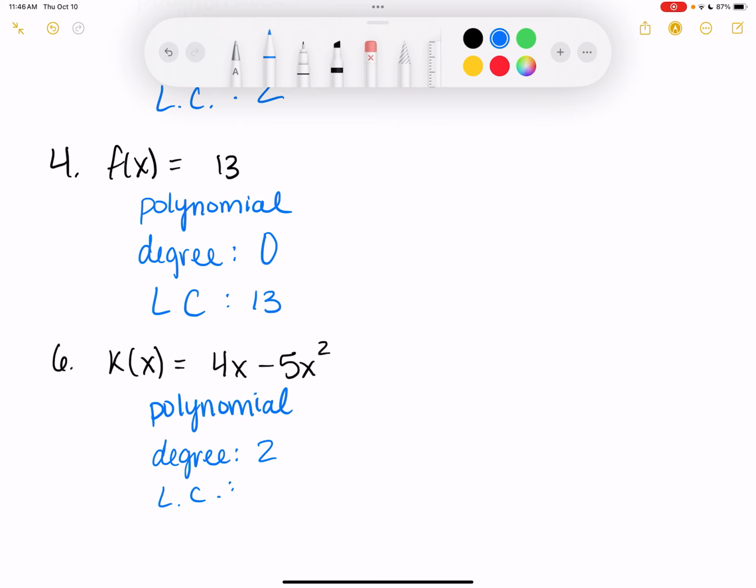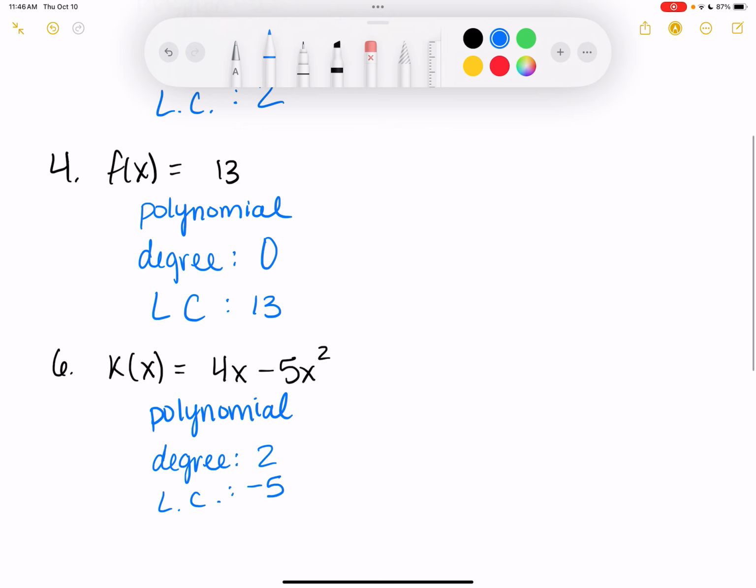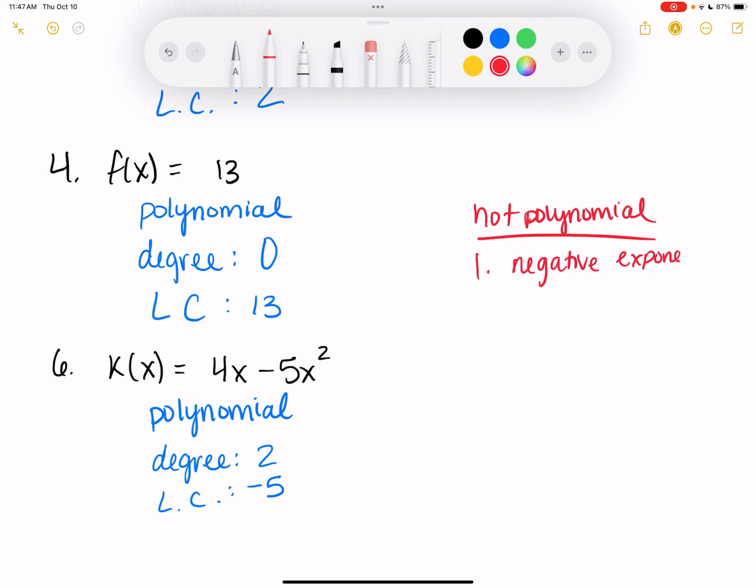-5. All right, so the way that something is not polynomial is if it has a negative exponent. That could even be something like 1 over x, which is not polynomial because it's the same thing as x to the -1.